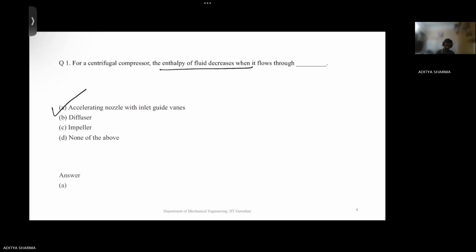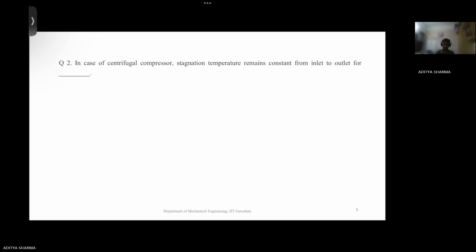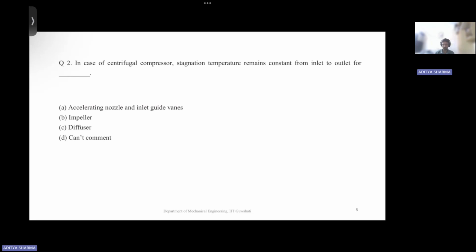Okay. Then moving on to next question. It says that in case of your centrifugal compressor, stagnation temperature remains constant from inlet to outlet for dash. So out of the four options, which one is correct?